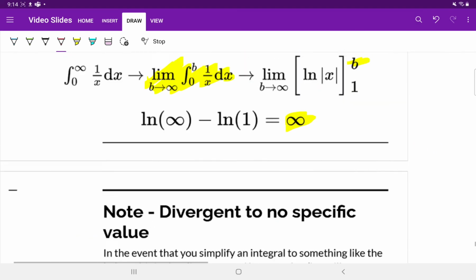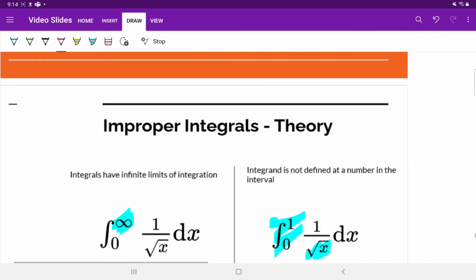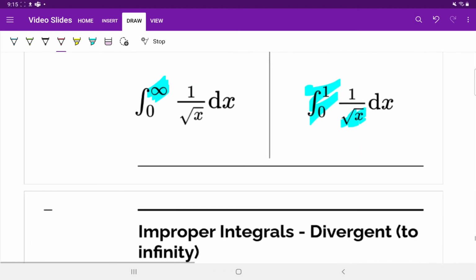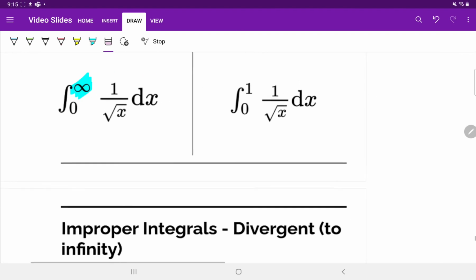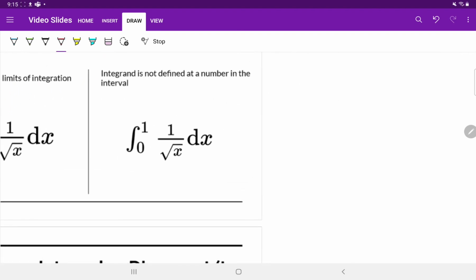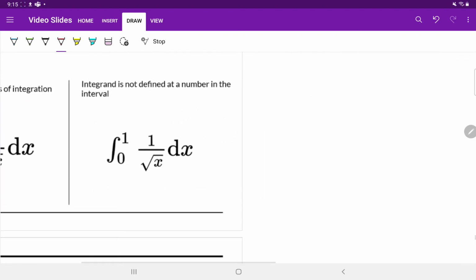And then we've got some practice there, but we can do these first ones out here, just if we're curious. Let's pick one that looks like it possibly could be convergent, because the non-convergent one's a little bit boring. So clearly I can't have 0, so I'll replace this with b, and I'll say the limit as b is approaching 0 of the integral from b to 1 of 1 over the square root of x dx.